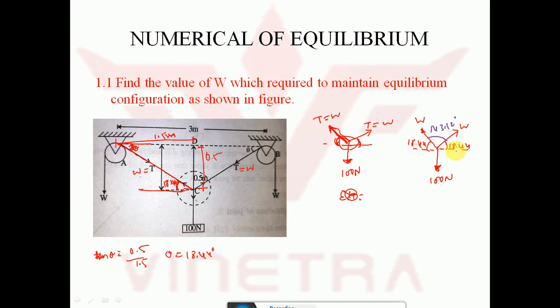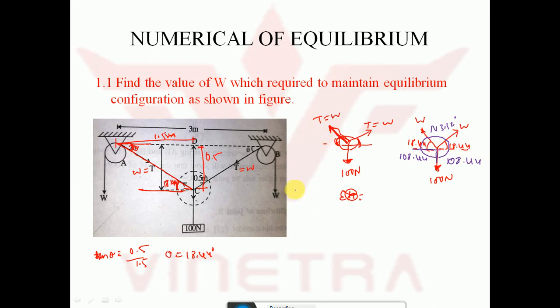So this is 180 minus 18.44 minus 18.44, left out with 143.12. This angle is 90 degrees plus 18.44, so from here to here it will be equal to 108.44. Similarly, this will also be equal to 108.44.